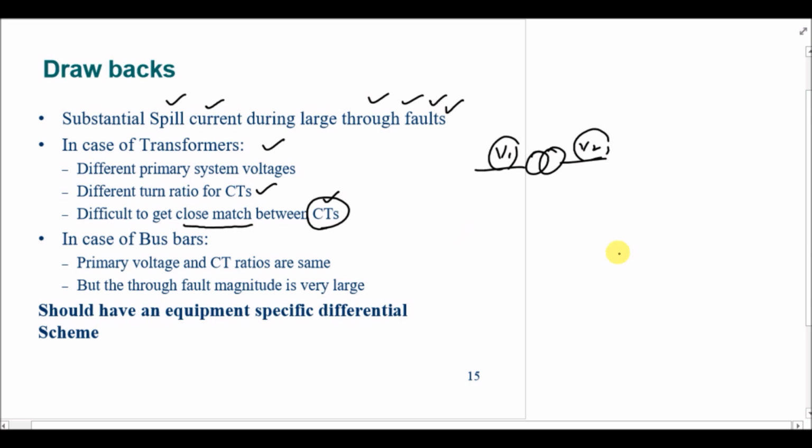In case of bus bars, we have a large number of feeders. For example, there are 2 incoming feeders and 4 outgoing feeders.